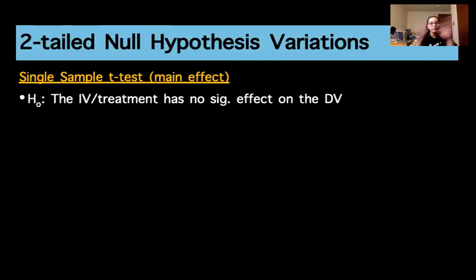And then compare them to the population norm and say, do we actually think that this stretching program actually had a significant effect on their hip flexor flexibility outcomes? Okay, so does a treatment have a significant effect on a dependent variable when you're comparing a sample to an estimated population mean?